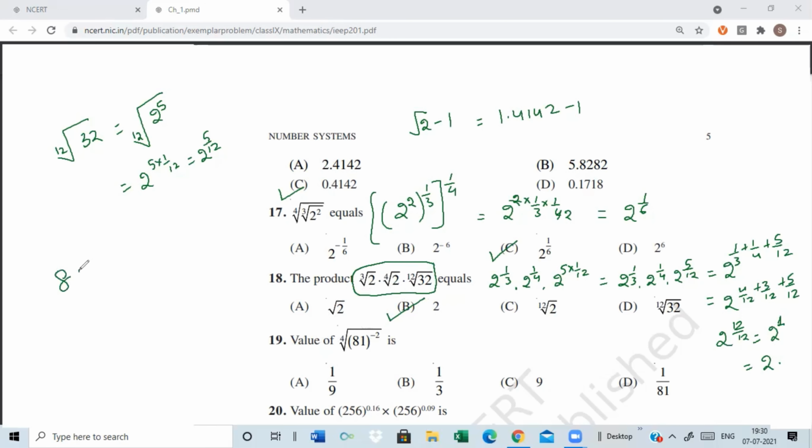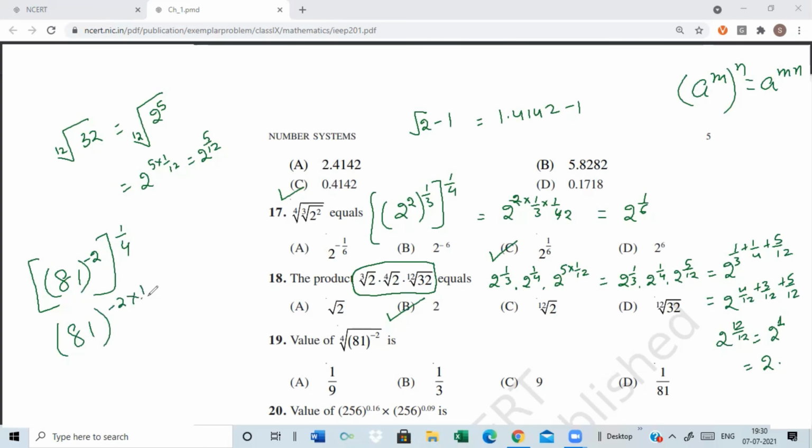So we have 81 to the power minus 2 and the whole power 1/4. And by using the laws of exponents like a to the power m whole power n is equal to a to the power mn. Power of power means we multiply the powers. So here also we multiply the powers.